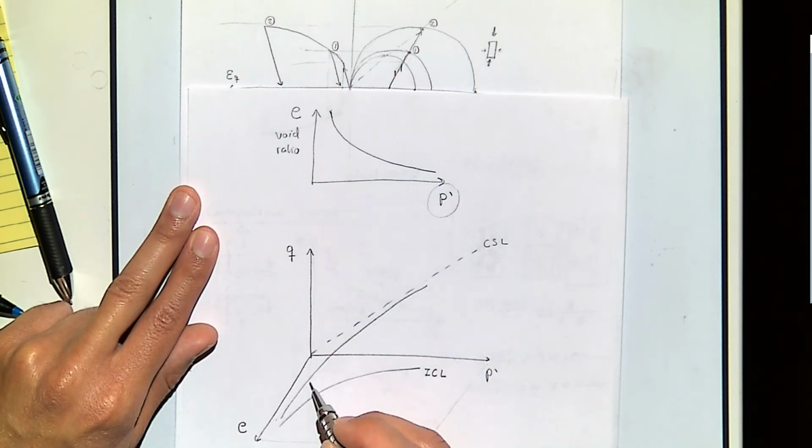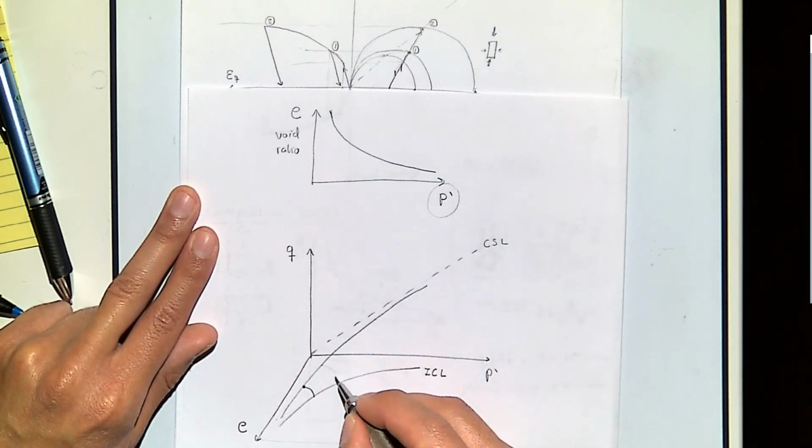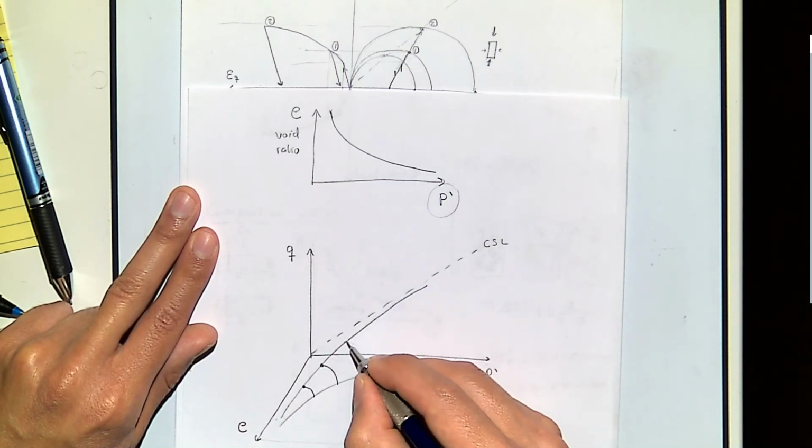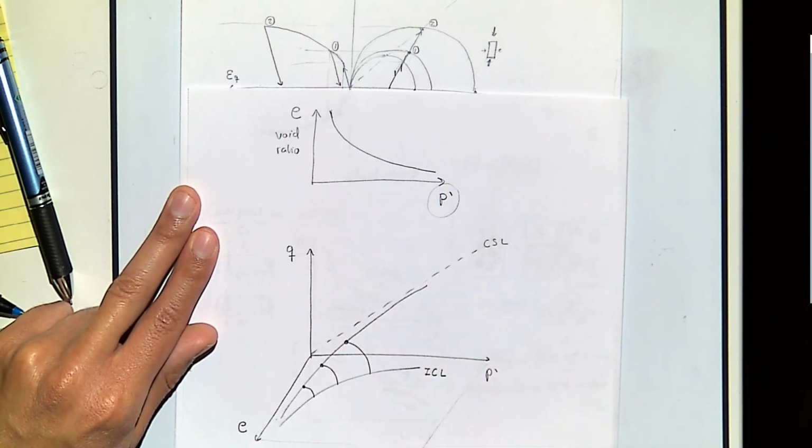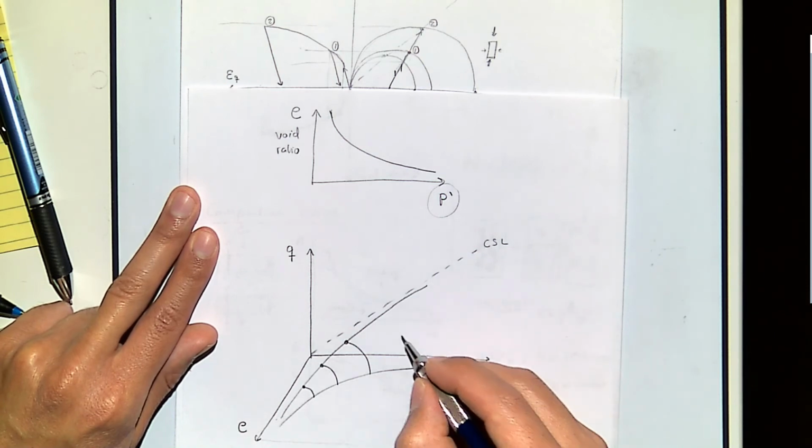This line is the line in which I have the center of the ellipse at any given porosity or void ratio.